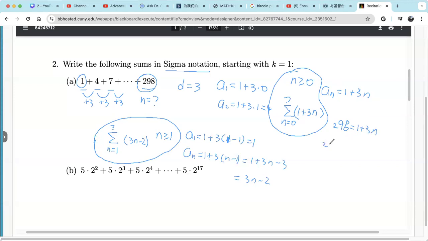Subtract 1 on both sides, we have 297 equals 3n. Then divide by 3. 3 times 9, 27. 29 minus 27 is 2, so 99. Right, n equals 96 if we use this one. So we can change this one to be 96.